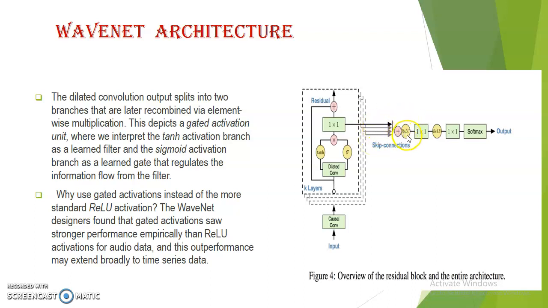Then there is a ReLU function, 1x1, then ReLU again, this is 1x1, and then softmax, and then you will get the output. At the start, your input will come through your causal convolution layer, then the dilated one. These both combined make a single architecture as a dilated causal convolution layer.